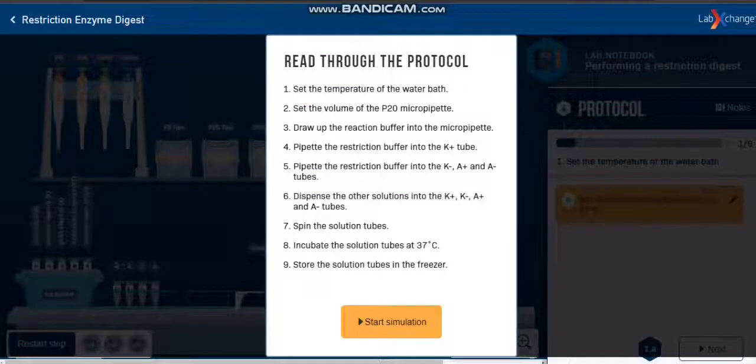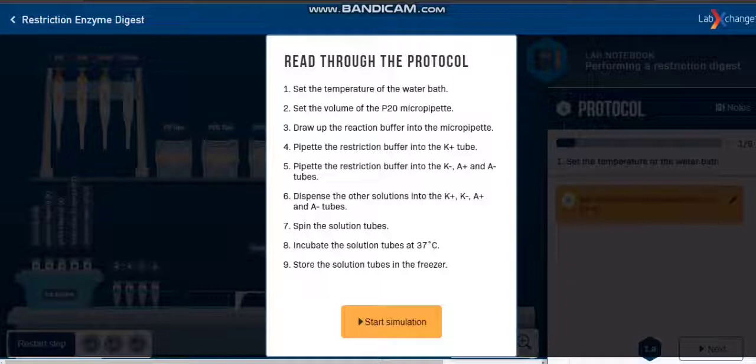For the protocol of the experiment restriction enzyme digest, we have 9 steps. First step is to set the temperature of the water bath. Step 2, set the volume of the P20 micropipette. Step 3, draw up the reagent buffer into the micropipette. Step 4, pipette the reagent buffer into the K plus tube.